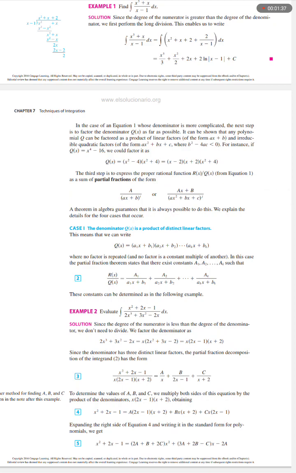In the case of an equation 1 whose denominator is more complicated, the next step is to factor the denominator Q of x as far as possible.